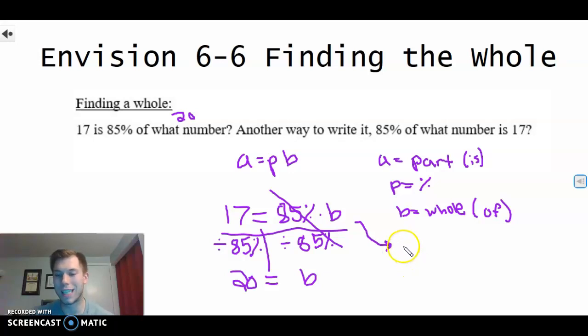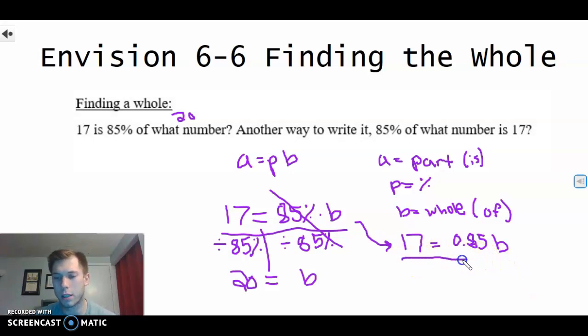Another way you could do this is convert your percent to a decimal, which you may have to do in some cases. So recall 85% written as a decimal is going to be 85 hundredths. If you're not quite certain how I got 85 hundredths, make sure you reach out to me and ask, because this was covered in a previous video.